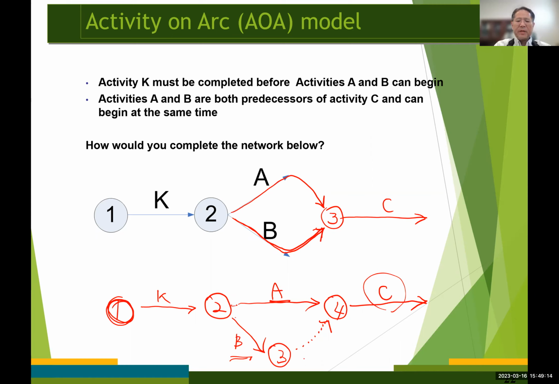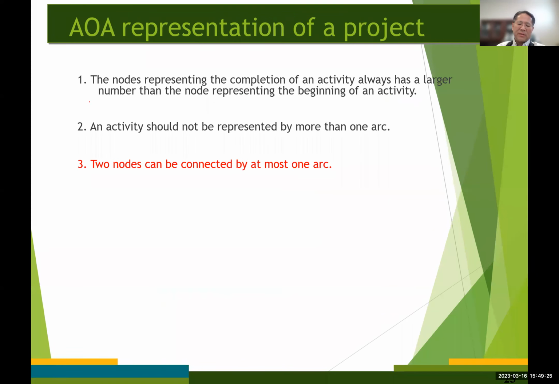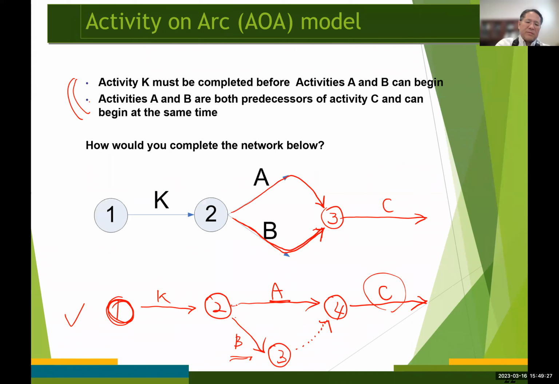So this network diagram fulfills these 2 given conditions without violating any rules. So this is wrong and this is correct.